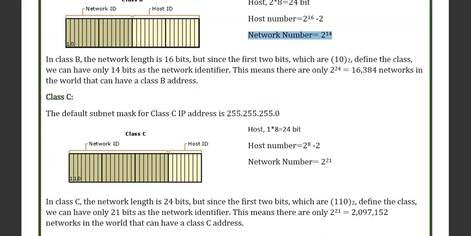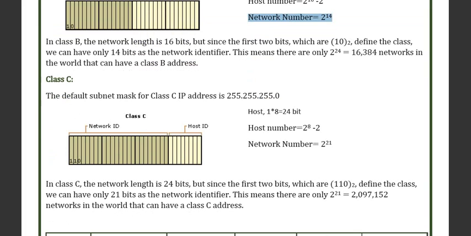In class C, the first 3 bits are reserved in the network section, and so the network number is 2 to the power 21, and the host number is 2 to the power 8 minus 2, because the host section has one octet, that means 8 bits, not 24.